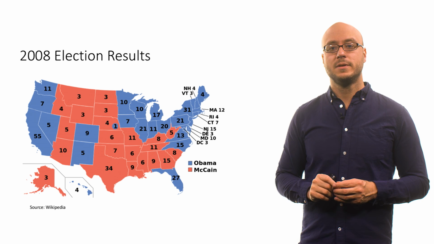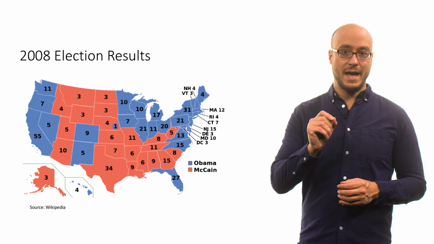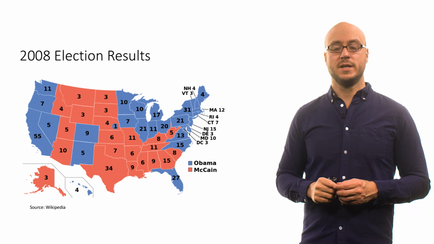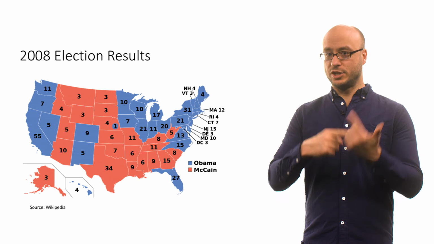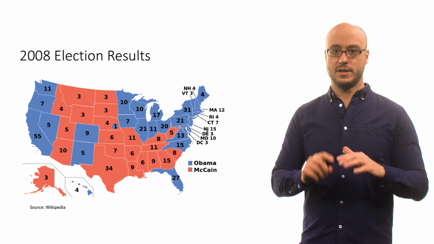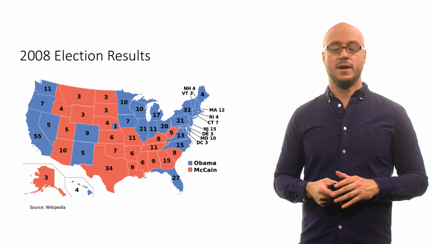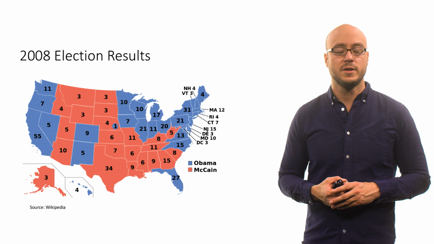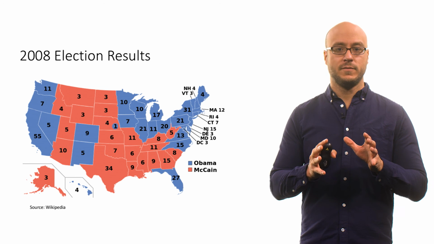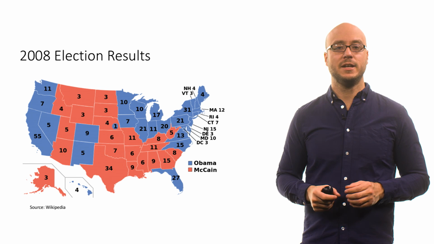On this map, the Conservative Party is labeled red, and the center-left party is labeled blue. That's actually the complete opposite of elsewhere in the world. Elsewhere in the world, red is the party of the left, and blue is the party of more conservative parties. So just when you look at this map, keep that in mind.